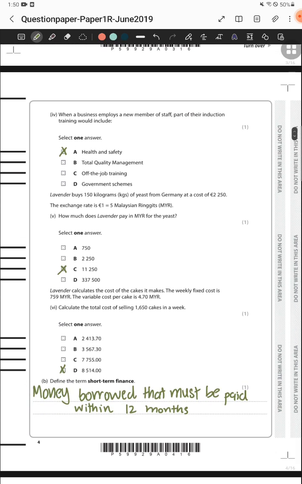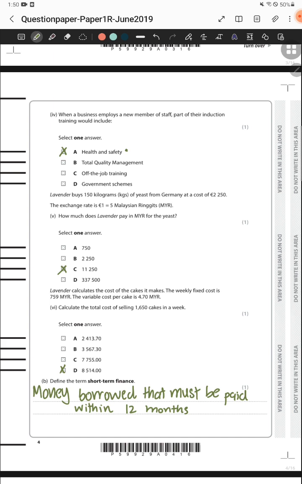Now, the second one is, when a business employs a new member of staff, part of their induction training would include total health and safety, total quality management, off the job training, government schemes. So basically, induction training, obviously, health and safety. Off the job training is a whole other process.